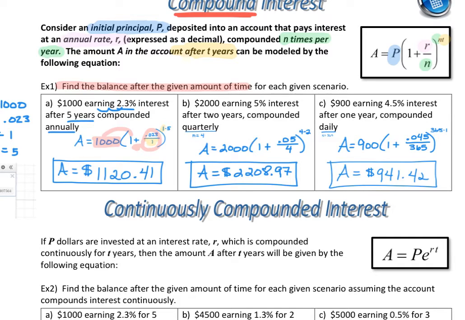And then having the interest compounded daily, 365 times a year, is way better than having the interest compounded 4 times a year. Well, what if they did it twice a day, or 10 times a day, or 24 times a day, or 800 times a day? What about if they just compute the interest and compound it constantly?